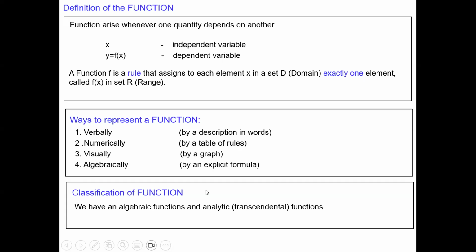Now, we have two classes of functions: algebraic functions and transcendental functions. Algebraic functions are the functions on which we can do all of the algebraic operations. Transcendentals are a little bit different.